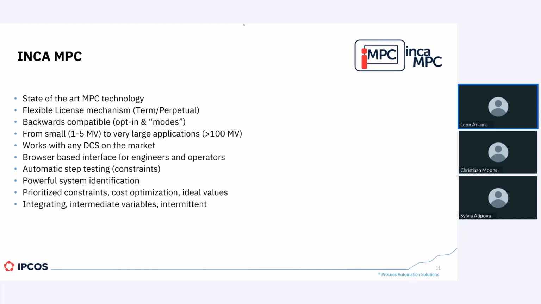For example, if you have a reactor followed by a distillation column, then if the composition of the feed in the reactor changes, that will have an effect on the pressure in the distillation column further on. It takes quite a while to see that, but an early indication of that happening is that the pressure drop over the reactor changes, and you can use that measurement to improve your predictions.